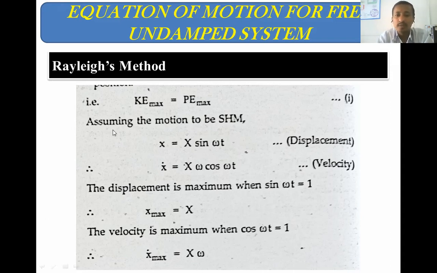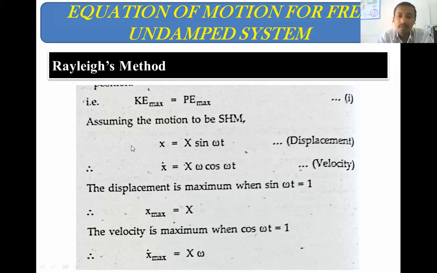अभी देखो, so here assuming the simple harmonic motion, so we know the simple harmonic motion equation, x equal to X sin omega t, displacement का equation होता है. अगर suppose इसको differentiate किया तो, so we will get the velocity equation. So x dot is equal to X omega into cos omega t. So X means A होता है amplitude, तो amplitude मतलब एक constant है.